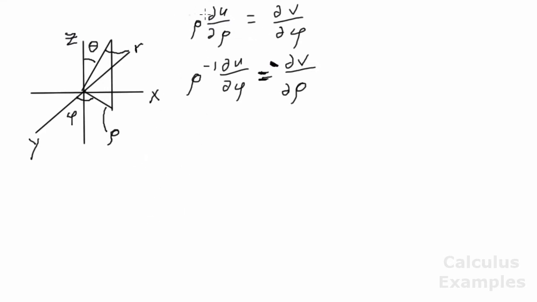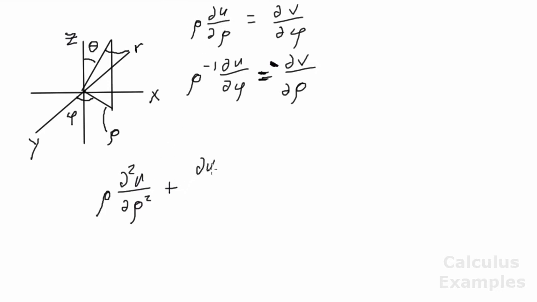Both of these are functions of rho, so we have to use the product rule, Leibniz rule, whatever you want to call it. So it's rho times the derivative of the second factor, which is the second partial of u with respect to rho, plus, now we'll take the derivative of the first factor and leave the other factor alone.